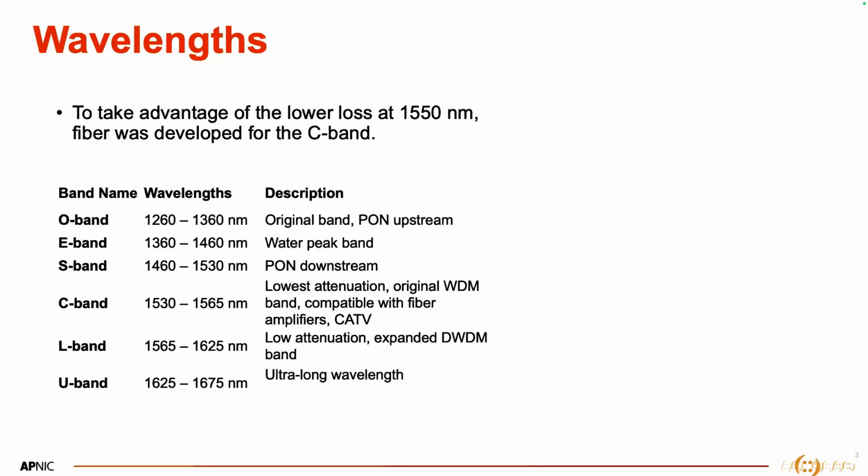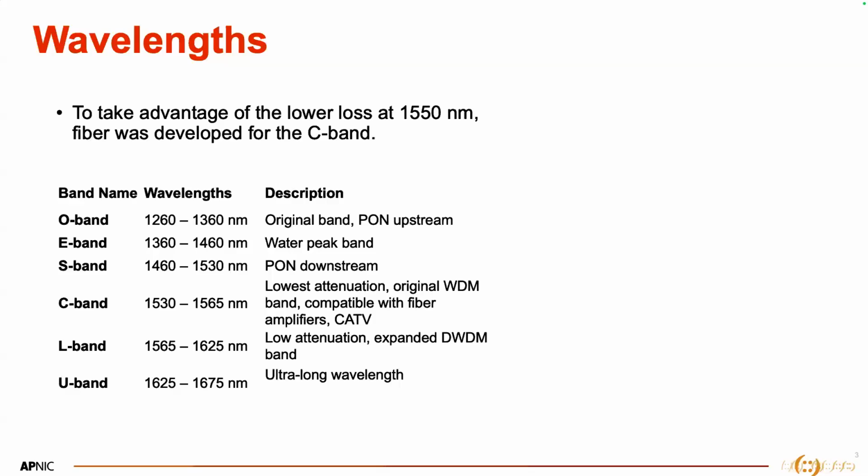There are odd bands of wavelengths, there are even bands of wavelengths, there is the total range of wavelengths. So you need to mention which segment you want, and these segments are universal for all the vendors.